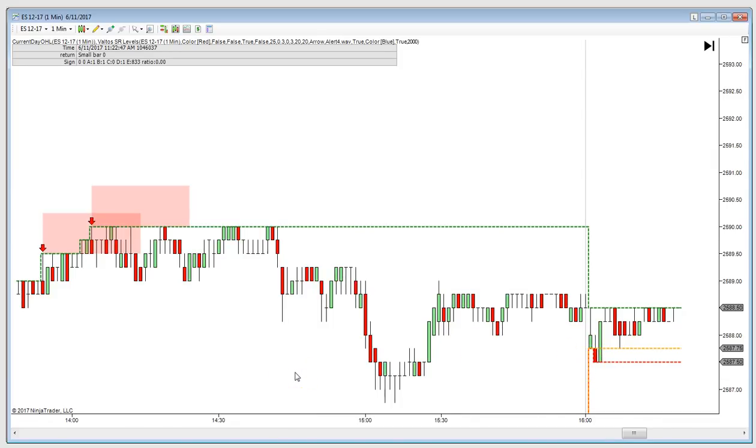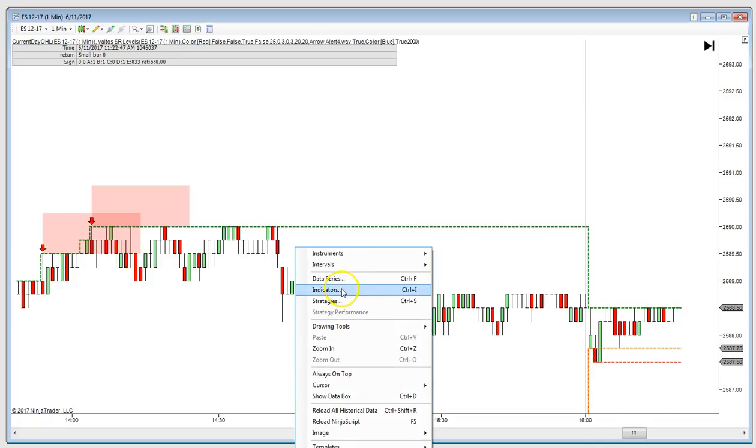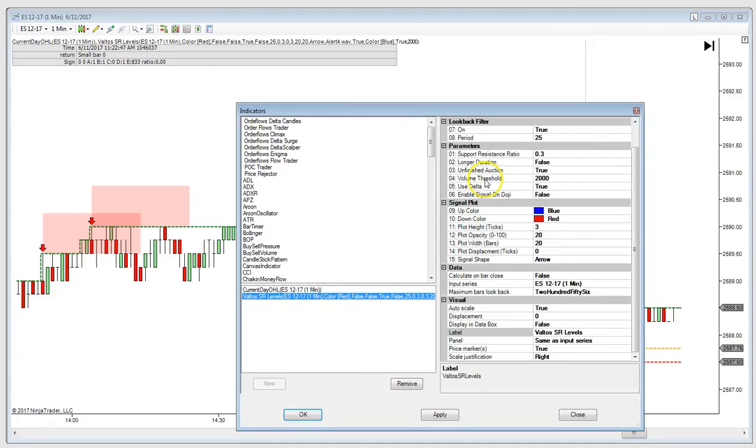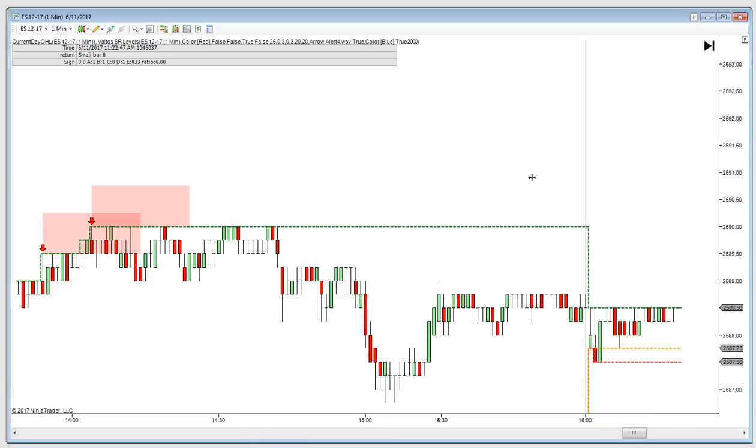Now, I like this indicator because one of the things you can do with it, among other things, I've got a more instructive video on it. Now, these two charts that I've showed you, I've got a volume threshold of 2000. So it's going to tell me that, in this case, this is the E-minis, it's got to trade at least 2,000 lots in the bar.